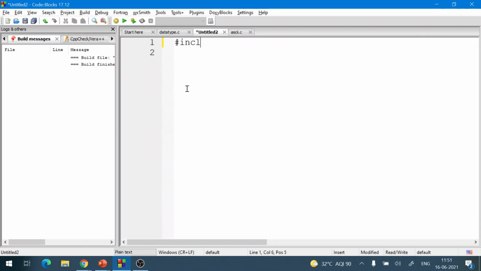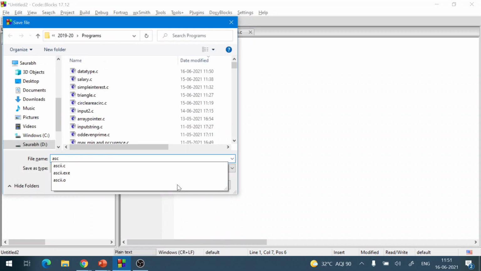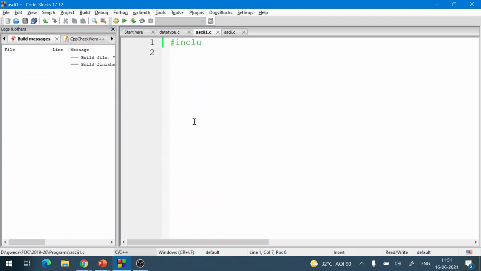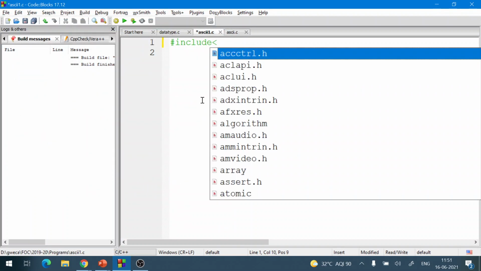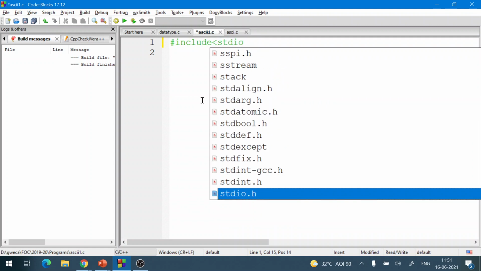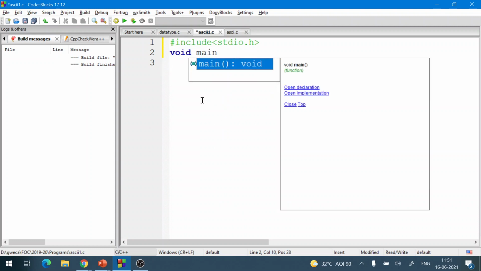Let us save it as ascii1.c. I will include the file stdio.h. Then I will write void main.